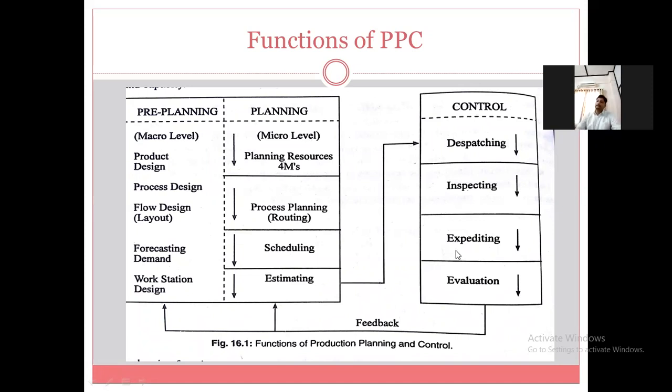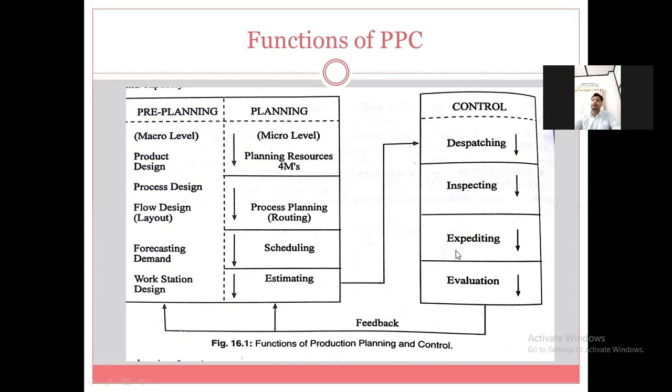The next thing is expediting. In the expediting stage, we have to maintain the record of all the things, and check whether it is going according to the planning or not.